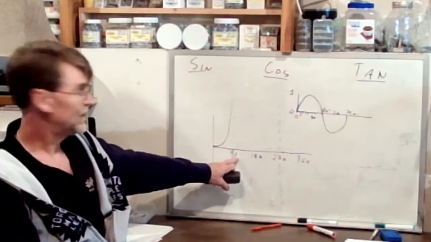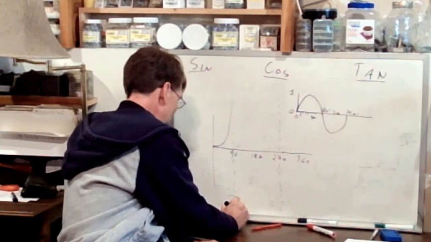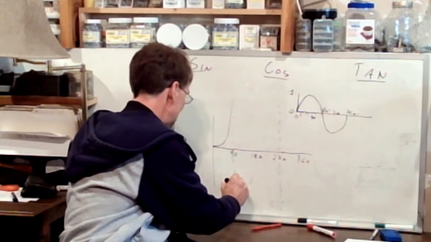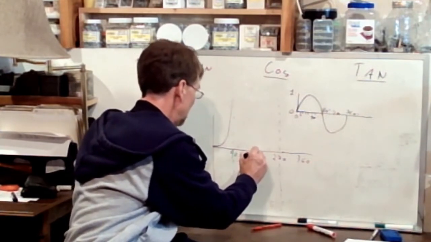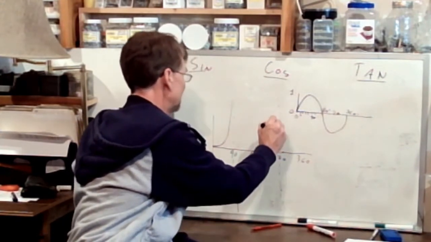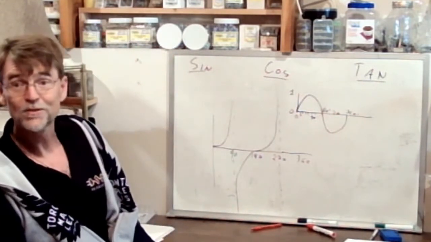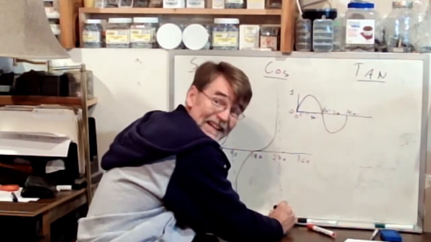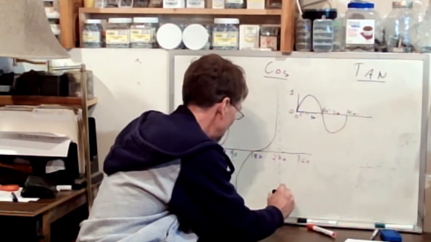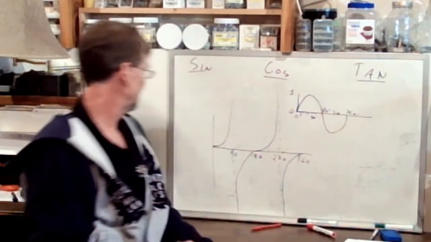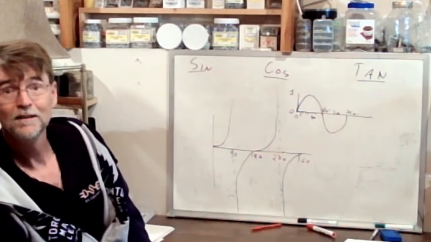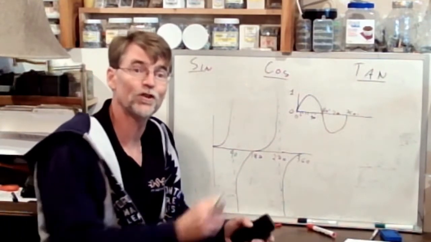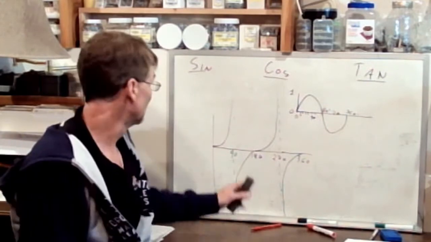Once we get beyond 90 degrees, we start with an infinitely large negative value, which comes back to 180, and then goes infinitely large again at 270. And just beyond 270, we once again start with an infinitely large negative value, and we come back to 360 right there. Just crazy stuff. But that's what the tan function looks like throughout the full 360 degrees.